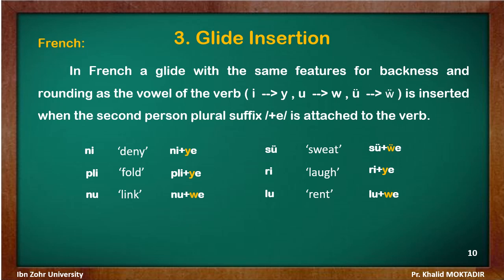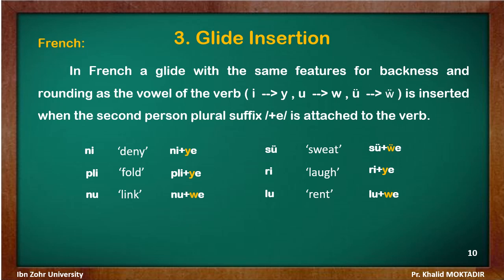Now here we have the verbs in the imperative form, and then we shift to the infinitive form. Look at the verb deny, ni. We add the infinitive suffix a, and we end up with two vowels, i and a.